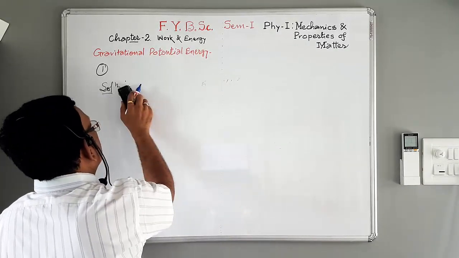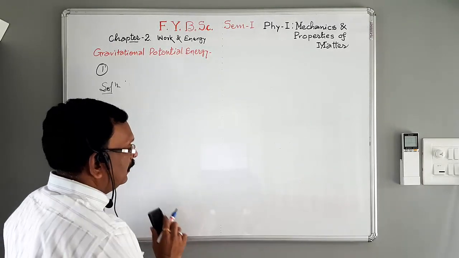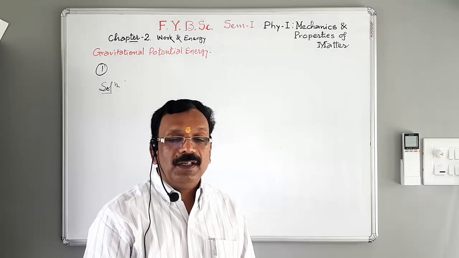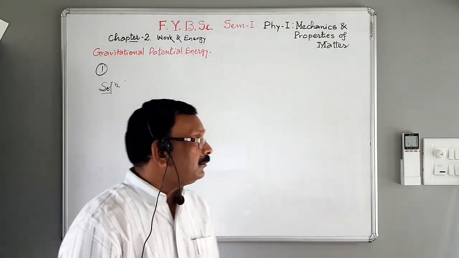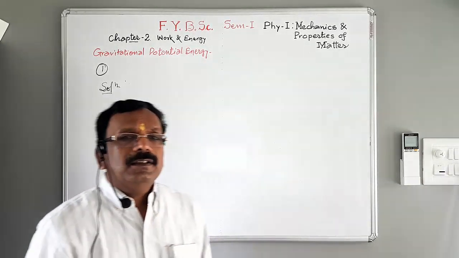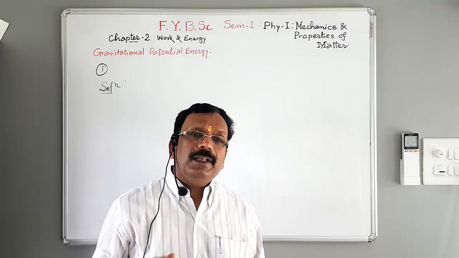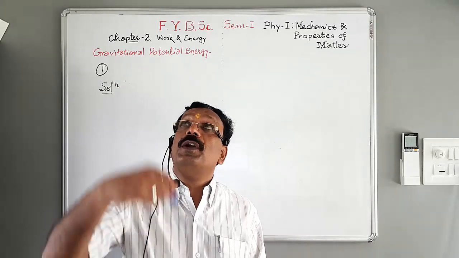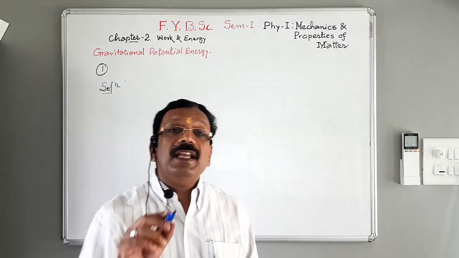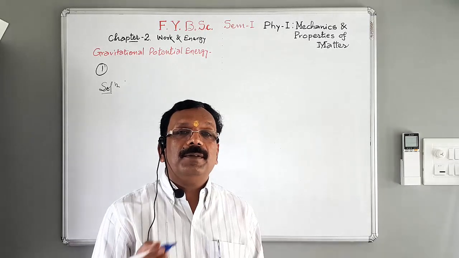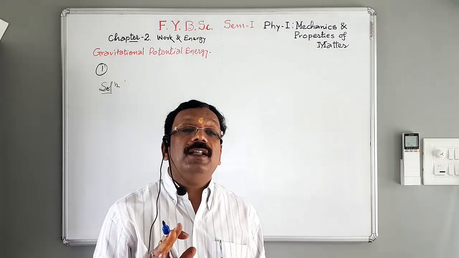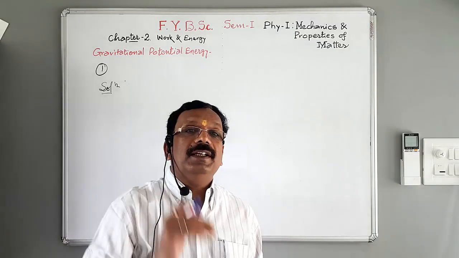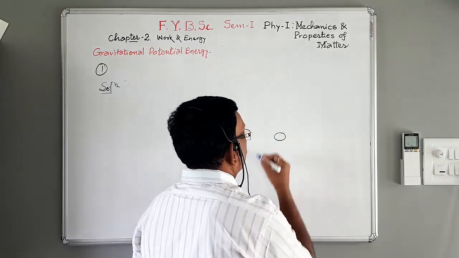This problem is frequently asked in question papers at various times. Now we are going to see the next problem. A body of mass 100 gram is thrown vertically with speed 10 meter per second. We have to find out the work done by the force of gravity during the time the body goes vertically up. Suppose this is a body.